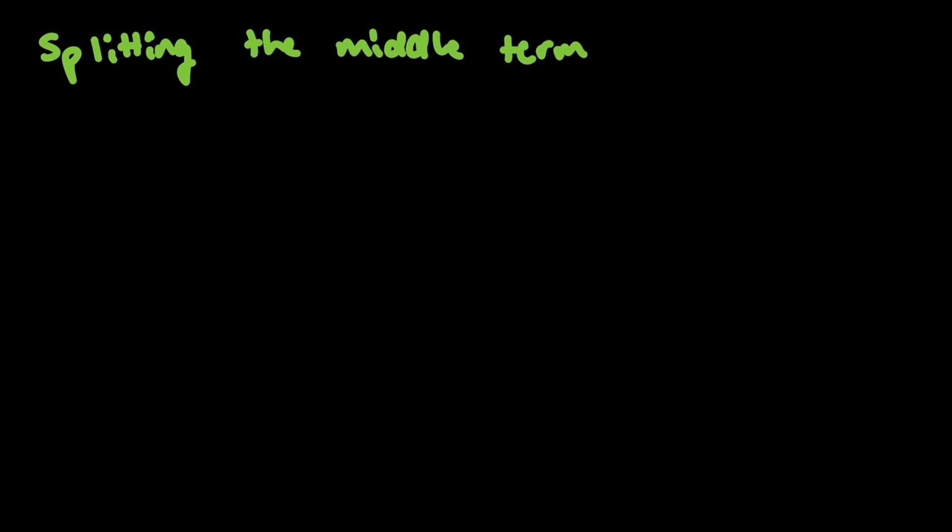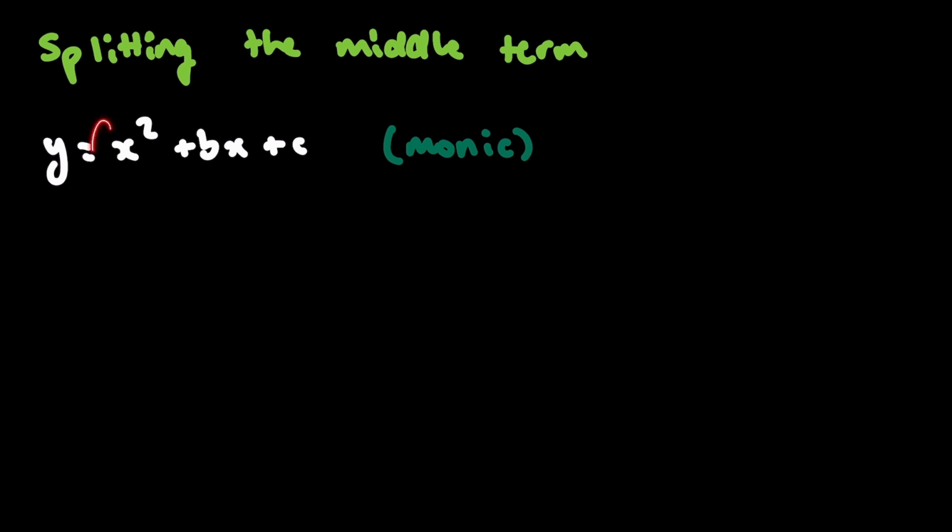Let's say I have a quadratic in the form y equals x squared plus bx plus c. This quadratic would be referred to as a monic quadratic, and monic just means that the value in front of the x squared is 1. As you can see, there is no a term here, so it's just 1.